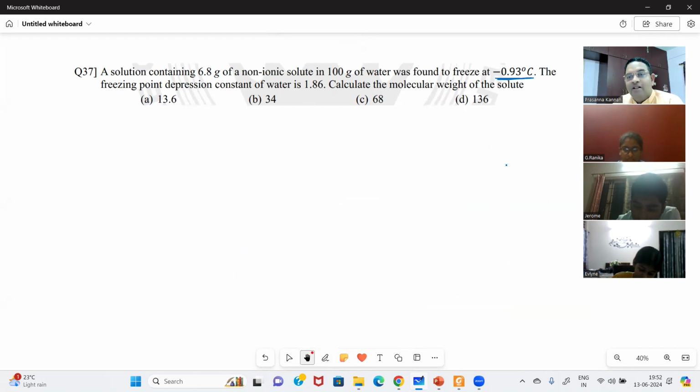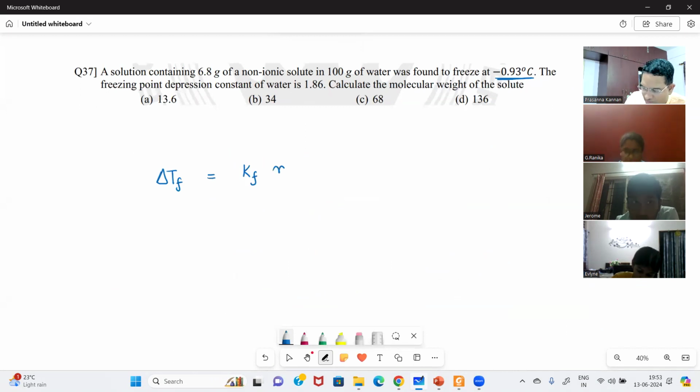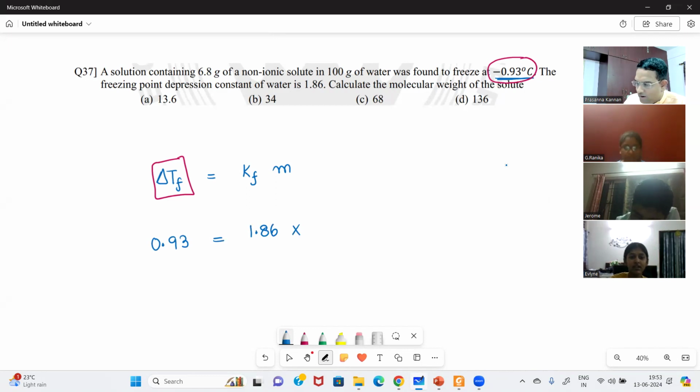Now it is freezing at minus 0.93 degrees Celsius. Therefore, the depression in freezing point, we know, is Kf into molality, and this depression is 0.93, and your Kf is 1.86, and molality.